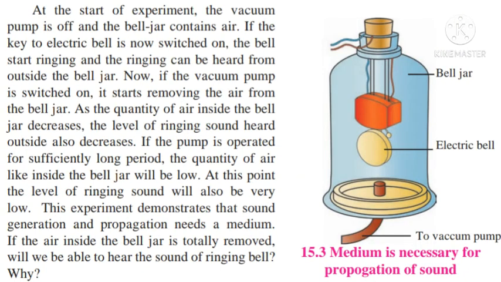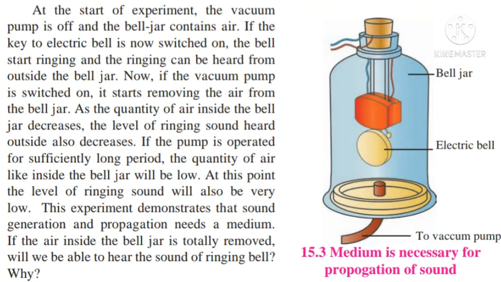At the start of experiment, the vacuum pump is off and the bell jar contains air. If the key to electric bell is now switched on, the bell starts ringing and the ringing can be heard from outside the bell jar. Now, if the vacuum pump is switched on, it starts removing the air from the bell jar.